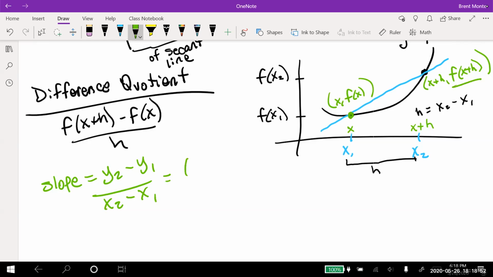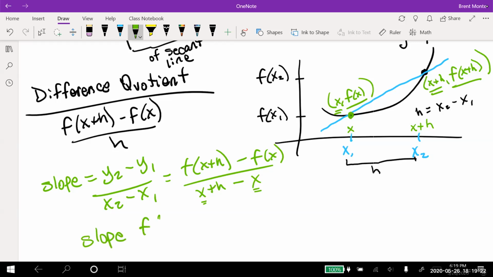It's that f of x plus h, minus the first y value, f of x, all over, well, the second x value is x plus h, minus, and the first x value is just x. But notice this x minus this x cancel each other out. So what I get is the slope is f of x plus h minus f of x, that's the top. The bottom, these x's cancel out, so it's just h.